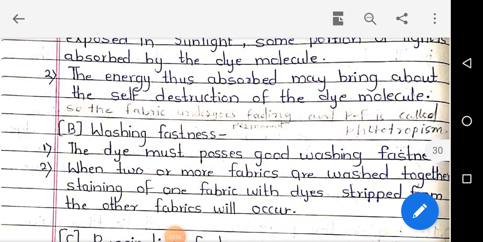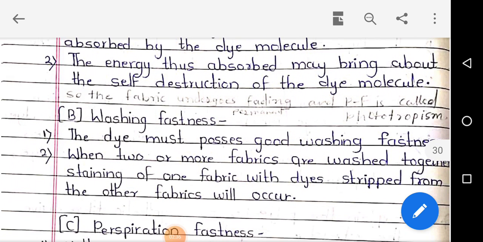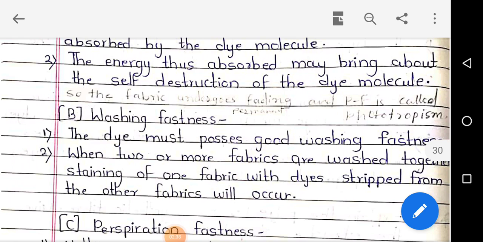The energy thus absorbed may bring about the self-destruction of the dye molecules. So the fabric undergoes fading, and this is called phototropism.